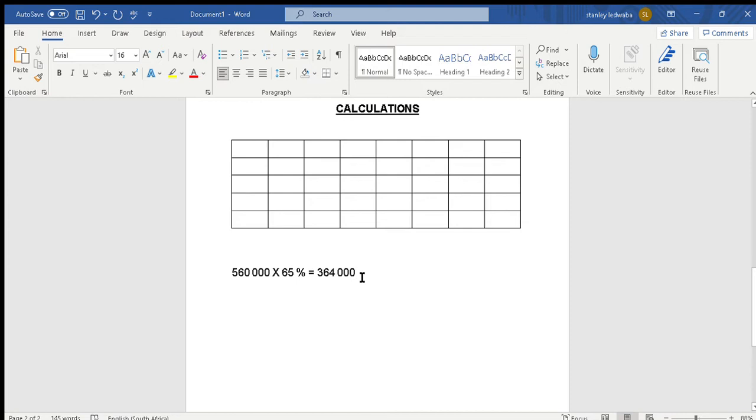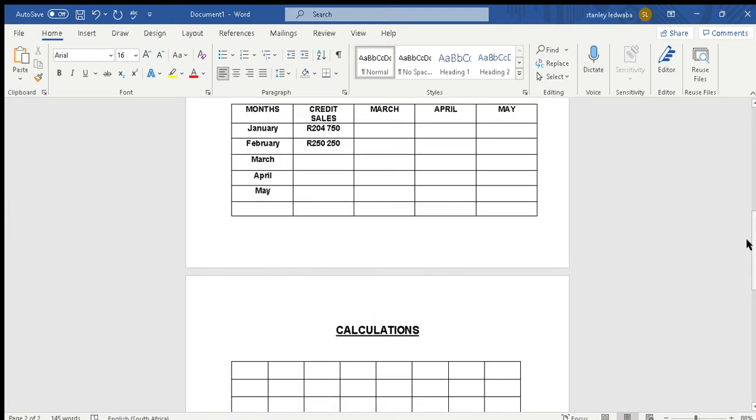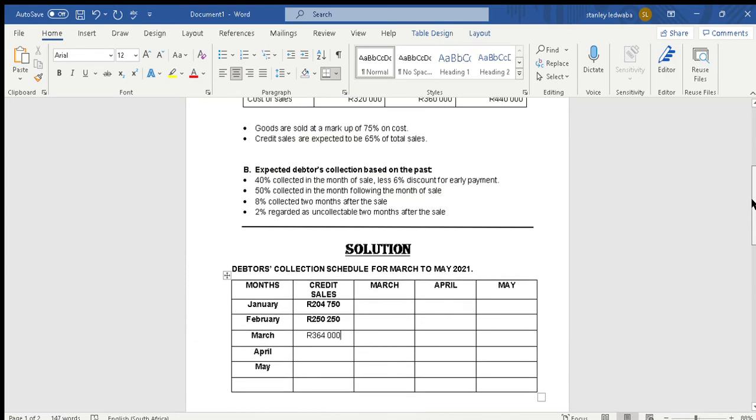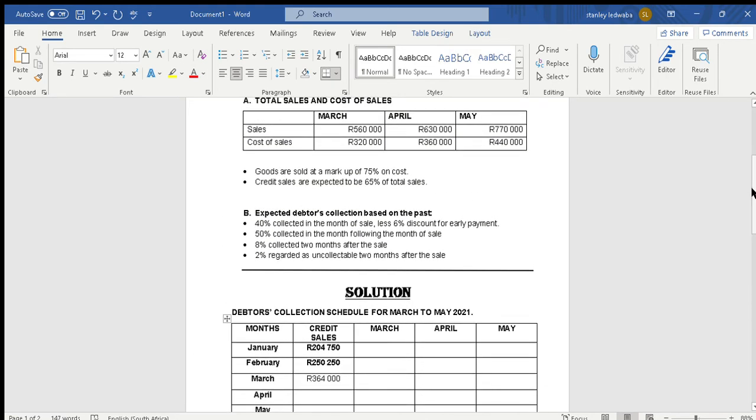Then this amount will be our credit sales for March. Then we are going to look for credit sales for April, for which they gave total sales of 630,000.